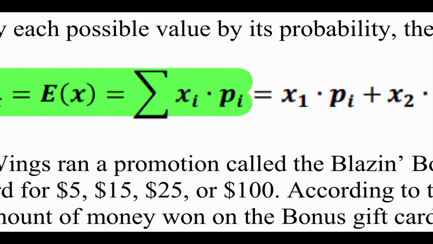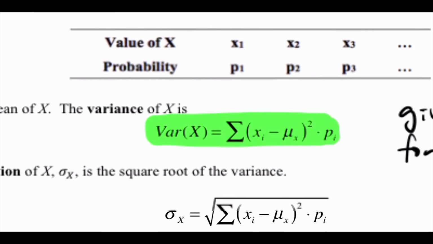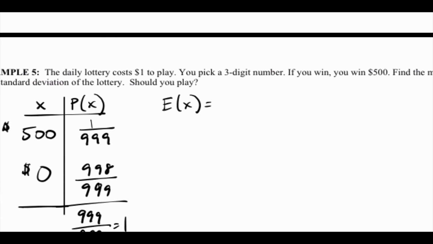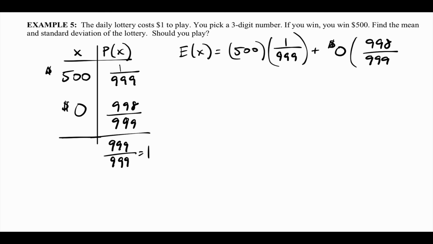So we take the random variable and multiply it times the probability of that happening. So $500 times 1 over 999, plus $0 times 998 over 999. And that's the only two things that could happen.